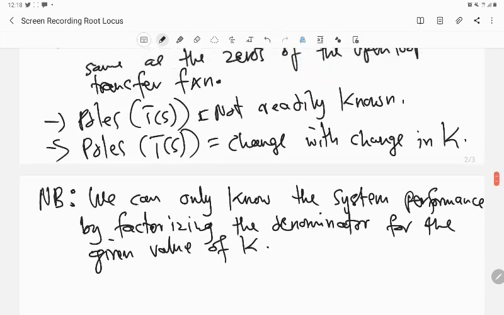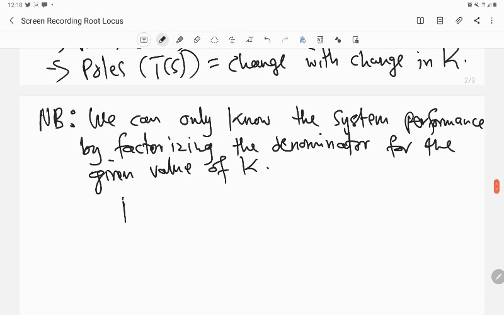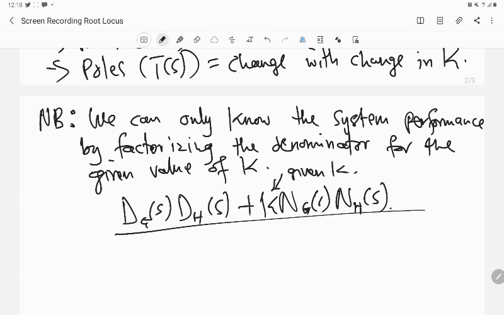So actually in the broken down form it is going to be DG(s) DH(s) plus K NG(s) NH(s), which must be factorized for a given k.